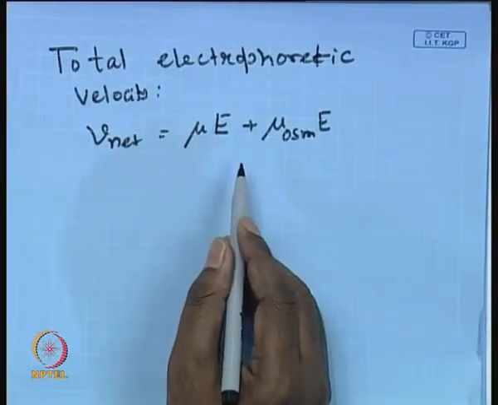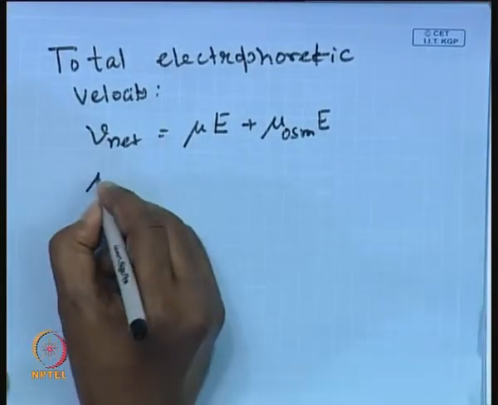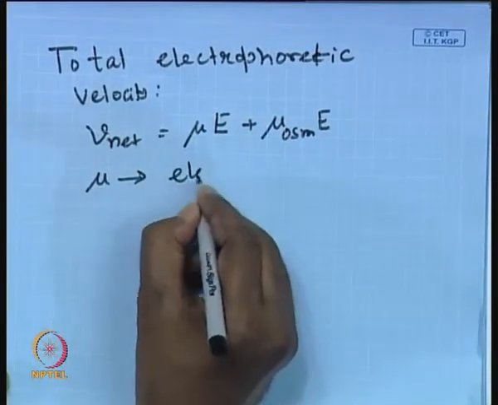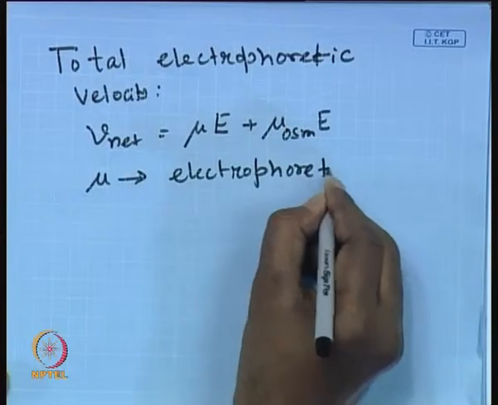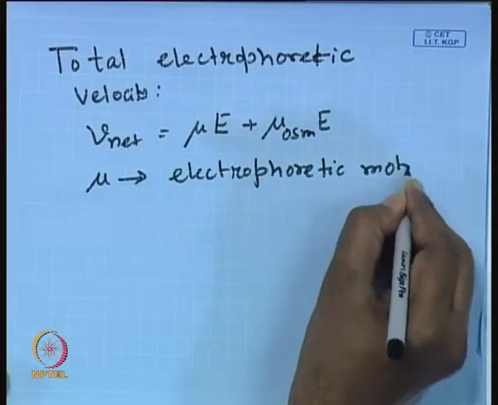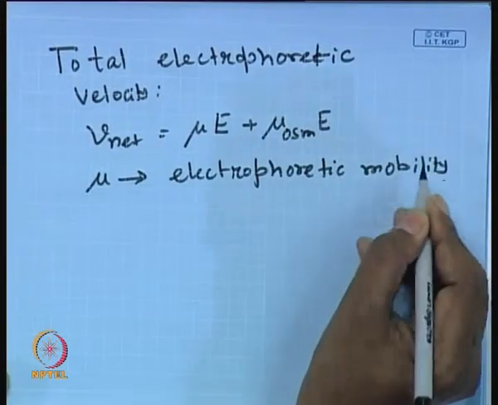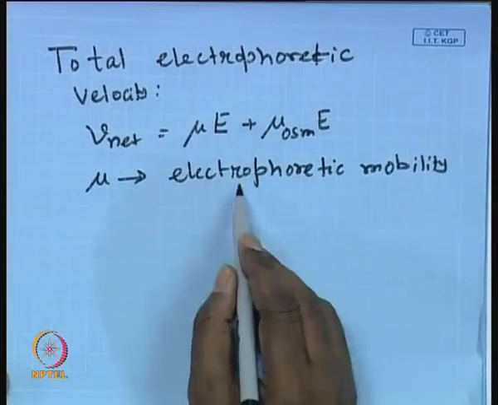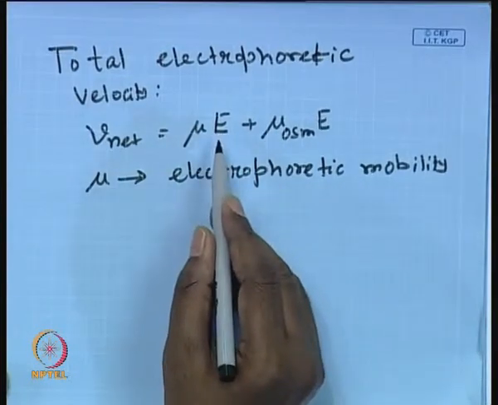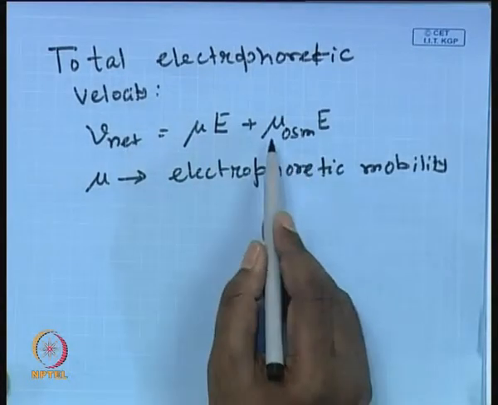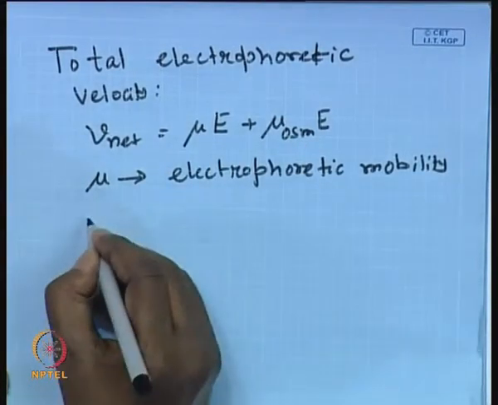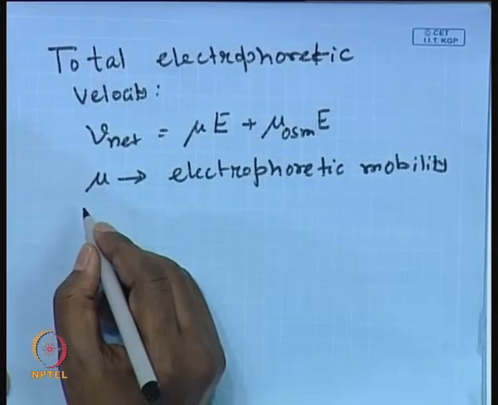Mu is the electrophoretic mobility, which is velocity per unit field strength. So, electrophoretic mobility multiplied by the electric field strength gives you the electrophoretic velocity. Similarly, mu OSM is the electrophoretic mobility due to electroosmosis.